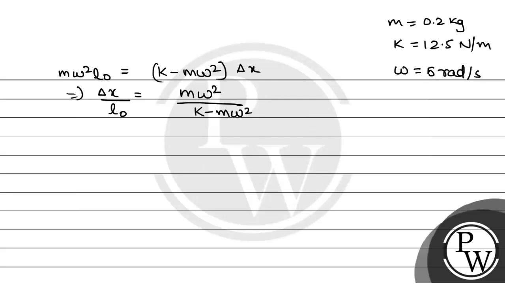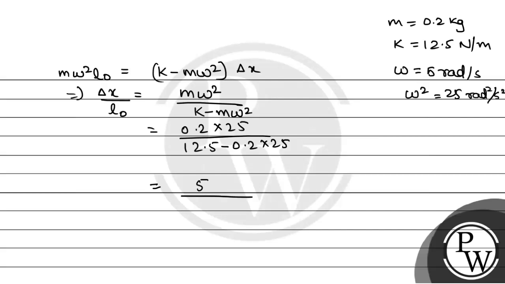So omega square will be equal to 25 radian square per second square. We put the values and get 0.2 into 25 by 12.5 minus 0.2 into 25, which is equal to 5 by 7.5, that is equal to 2 by 3.